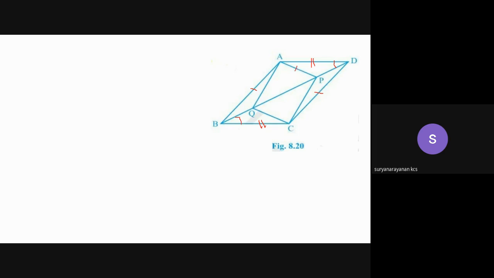In the previous slide, how we marked, I'm marking with the same marks.